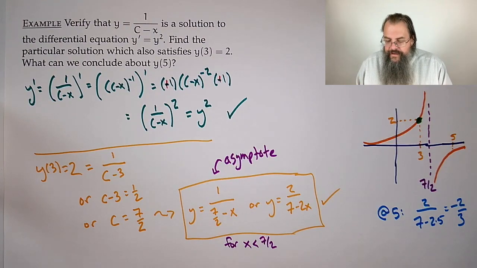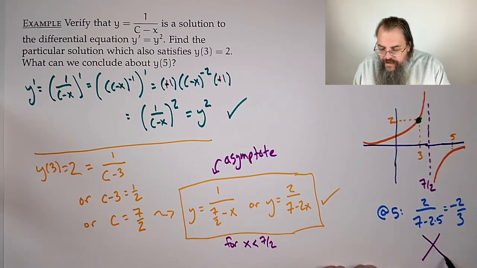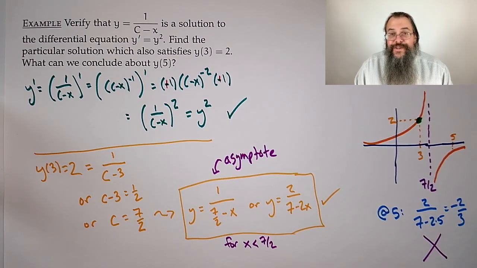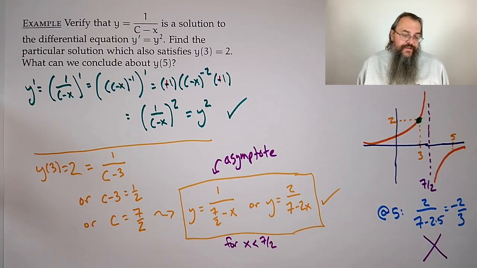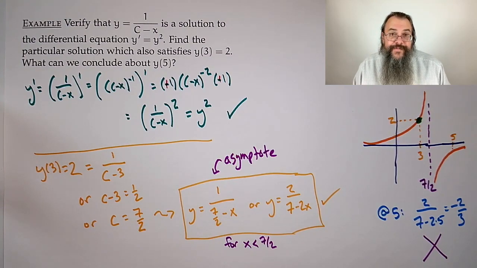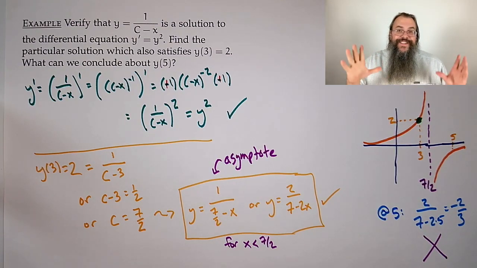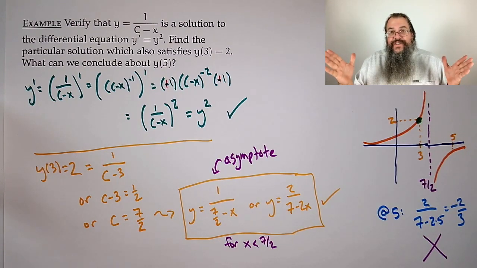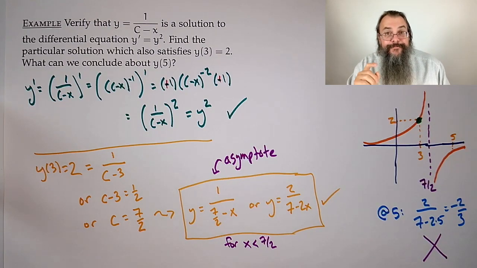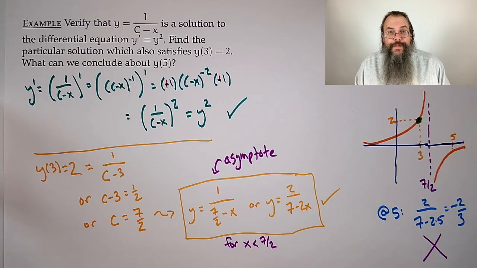But as to what happens at 5, we are like, no, we can't answer that question in terms of a solution to the differential equation because there's this gap that we can't get over. We cannot get past that asymptote. All right, so watch out for asymptotes. They're going to give us restrictions on where our solutions are valid. All right, so that's one thing that can happen.